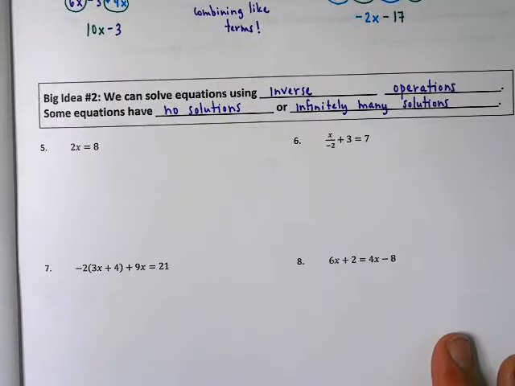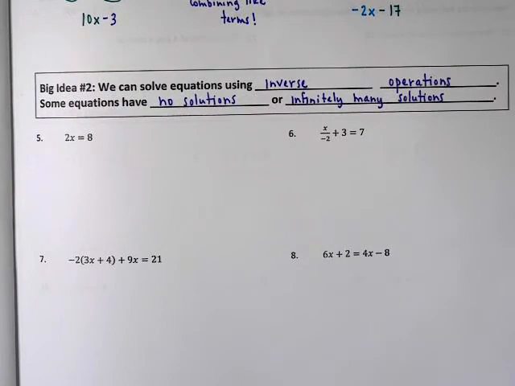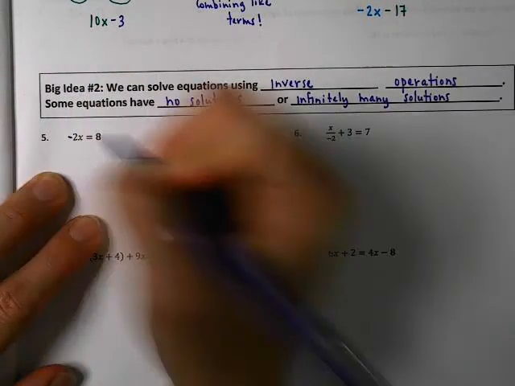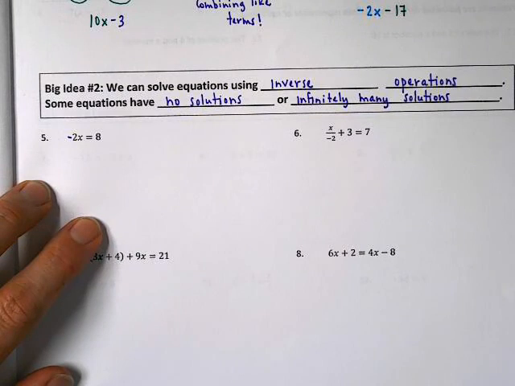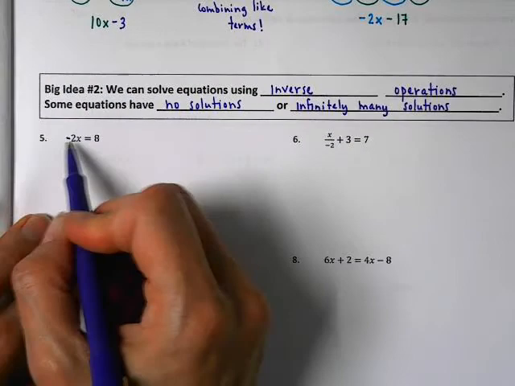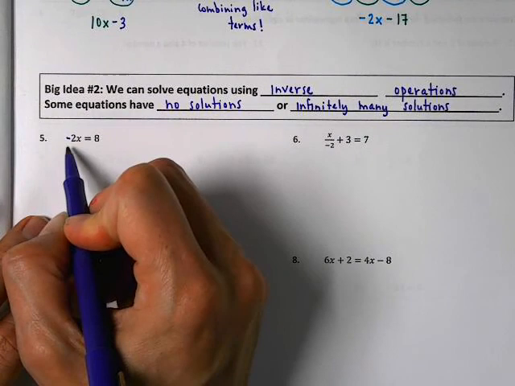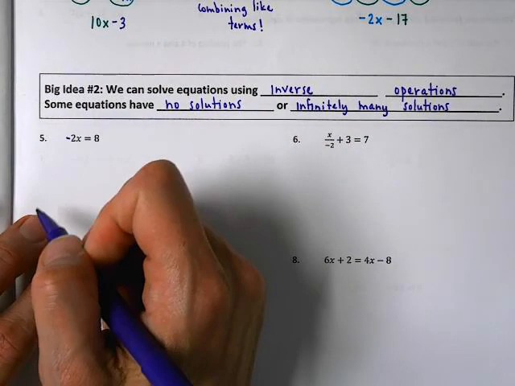All right, so number 5 is an example of a one step, and I actually want you to change this because this is an issue that comes up all the time. Let's say it's actually a negative 2x equals 8, so add a negative here. What happens a lot of times is people think that they should add 2 to both sides.